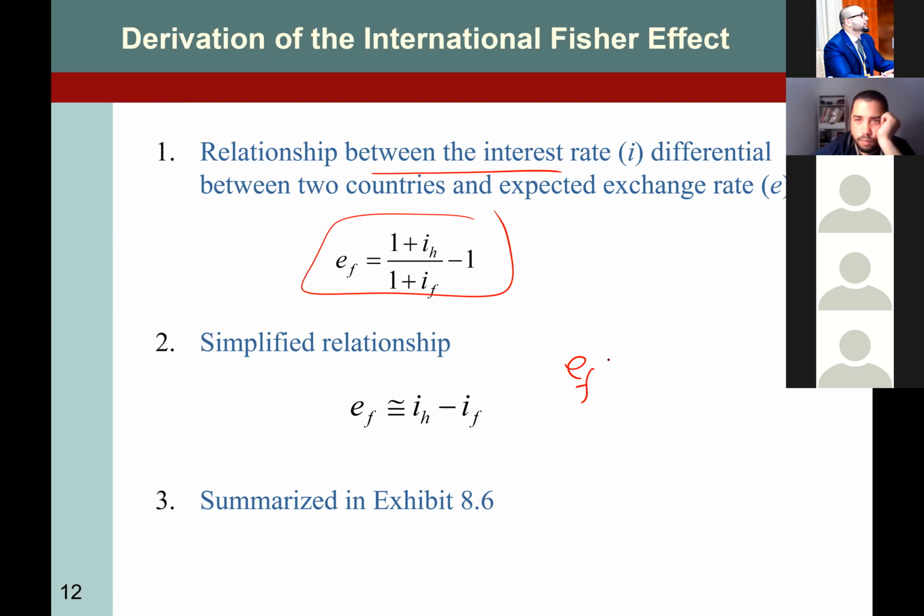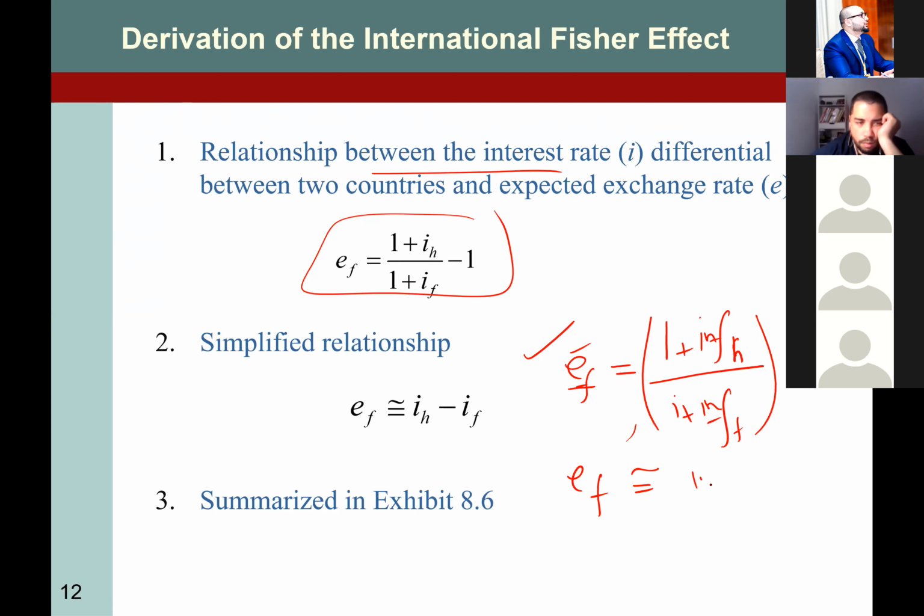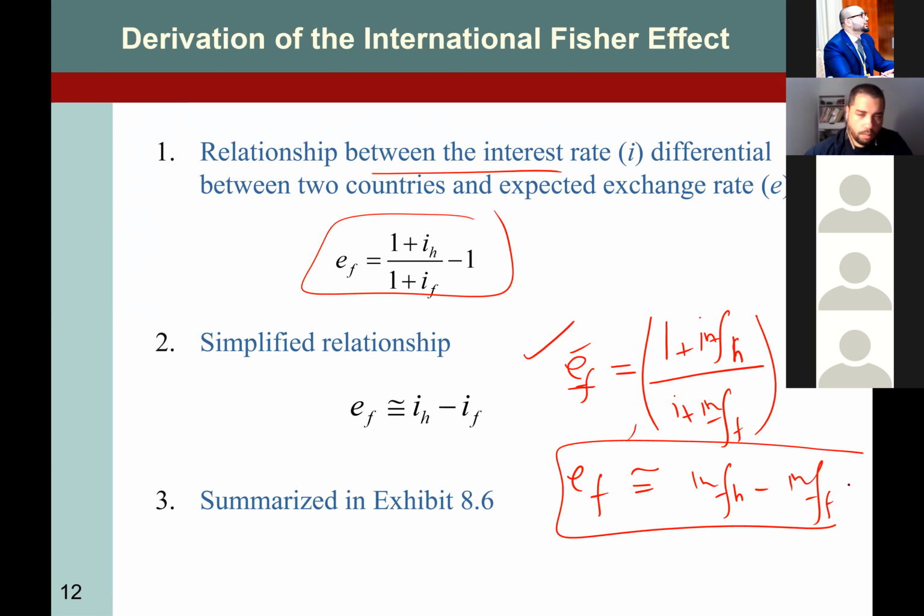For international Fisher effect, it says that the foreign exchange rate, not the home, is equal to 1 plus inflation in home divided by 1 plus inflation in foreign, or the foreign exchange rate is approximately equal to inflation in home minus inflation in foreign.